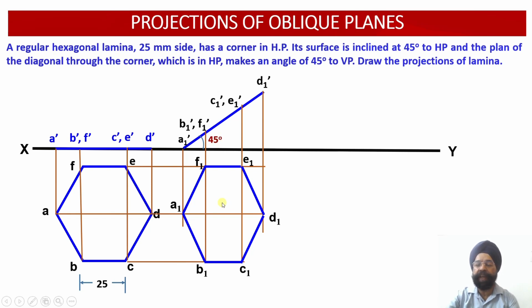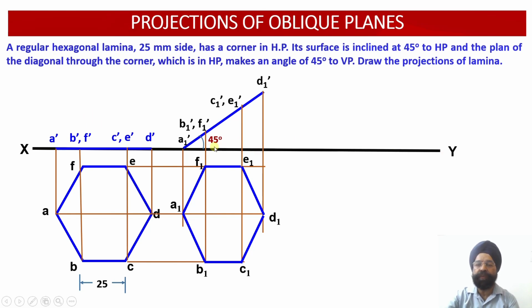We can observe through this construction that this shape is an apparent shape and it is smaller than the true shape of the hexagonal lamina. Another thing you can observe is that all the edges of this lamina have been reduced, because none of the edges happen to be parallel to the horizontal plane.